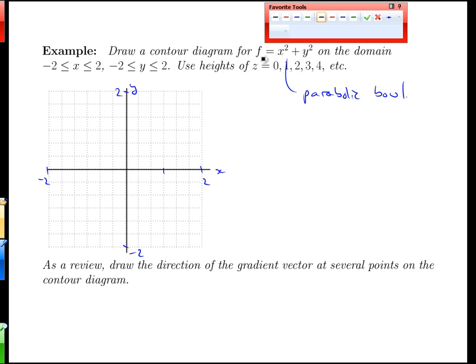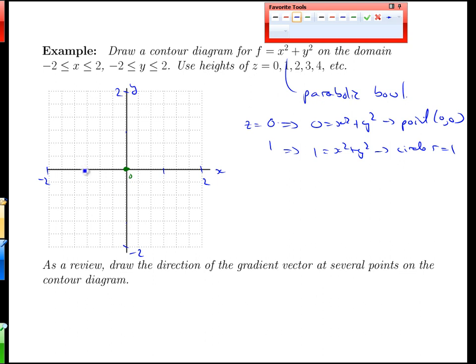If we let z equal 0, just to remind you, then 0 is equal to x squared plus y squared, and that's just a point at the origin. The only point that satisfies x squared plus y squared equals 0 is a single dot, and that's at height 0. If we had z equal 1, we would have x squared plus y squared equals 1, and that's a circle, radius 1.